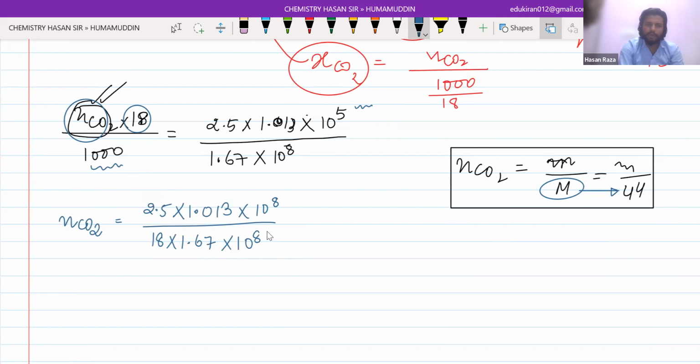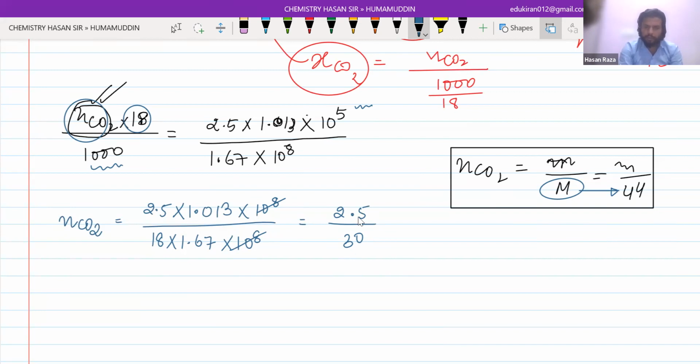Now you can see 10 raised to the power 8 and 10 raised to the power 8 will cancel. If you multiply 2.5 into 1.013, that will be approximately 2.5, divided by 18 into 1.67, that will be approximately 30. That is basically 30.06. So you can take 30 for approximation.